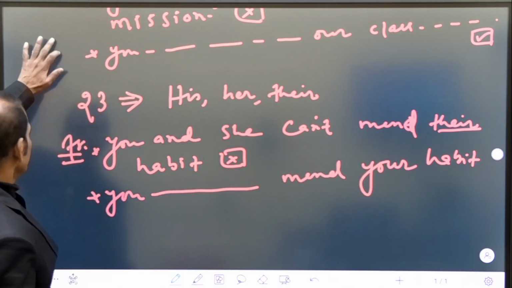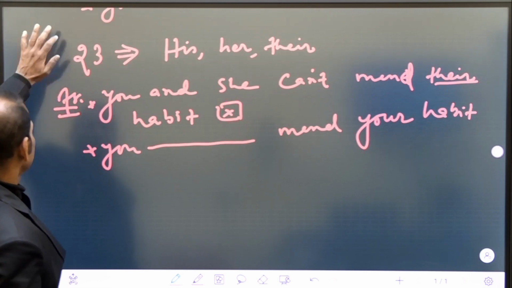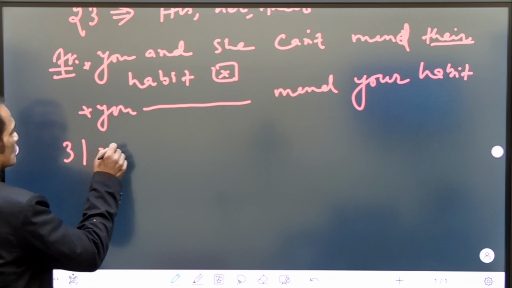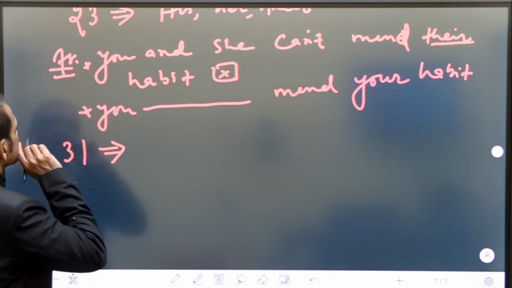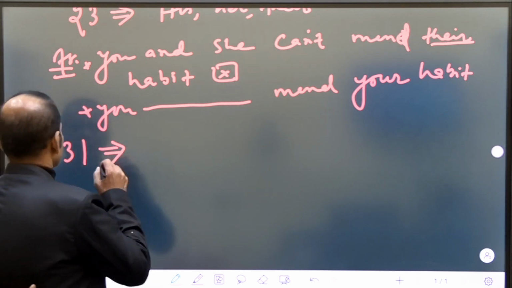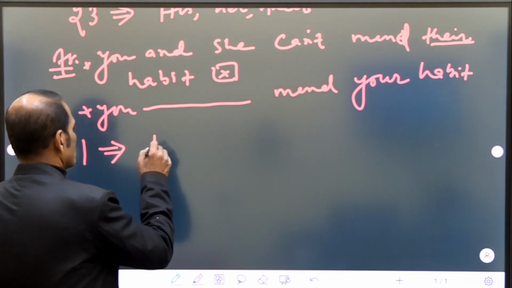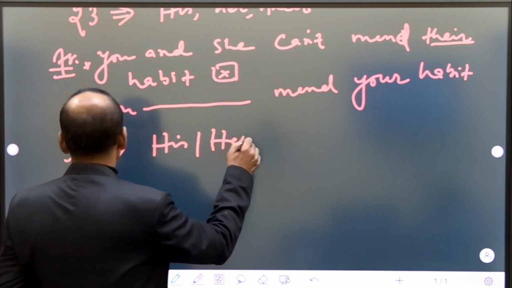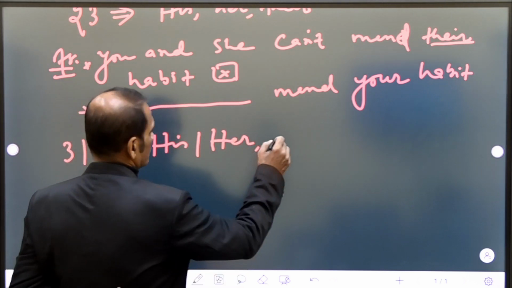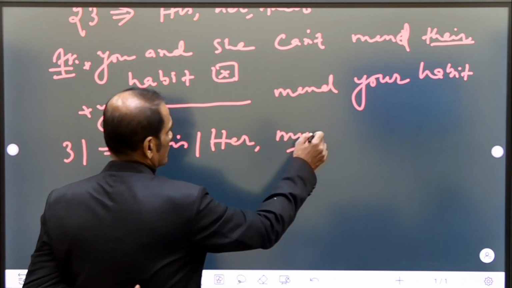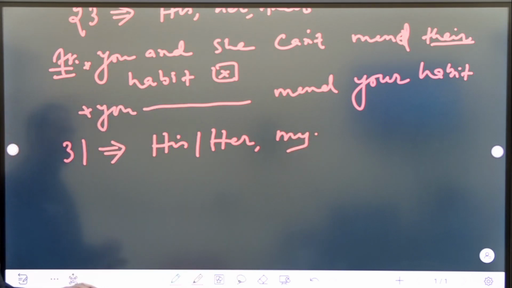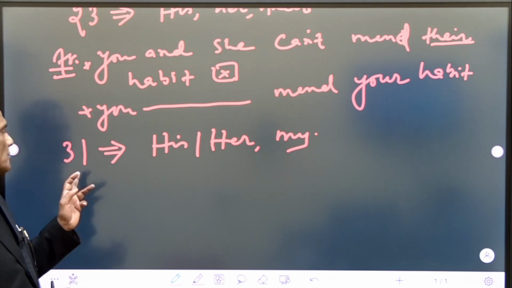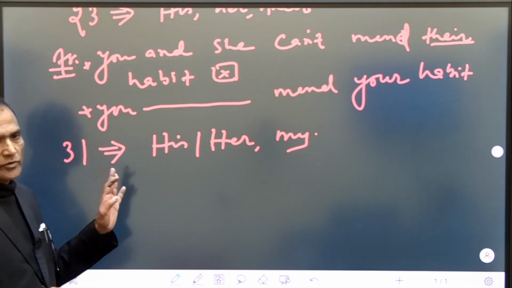Okay, 2, 3. Now 3, 1. Here his, her or my. If his, her or my is used to show the common position of third person and first person, this is error.